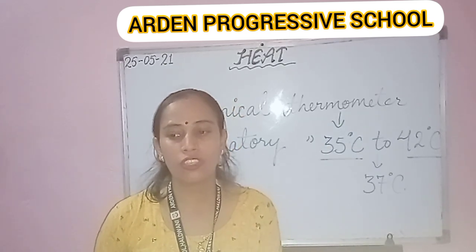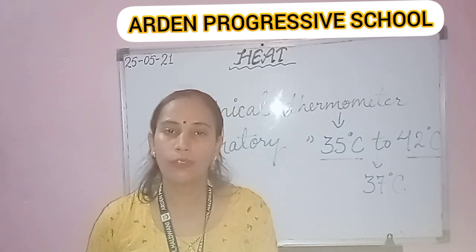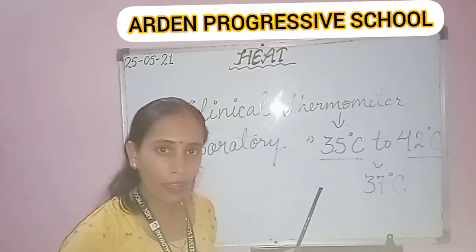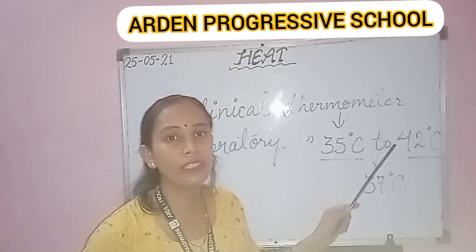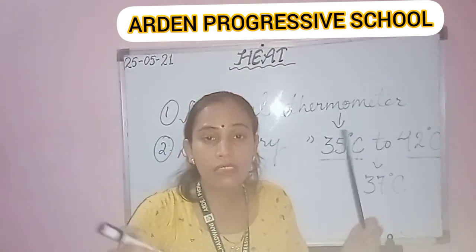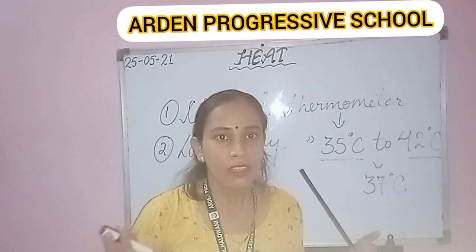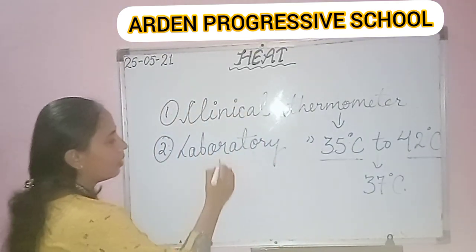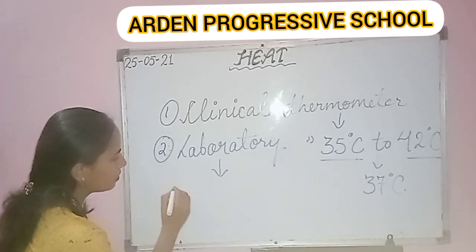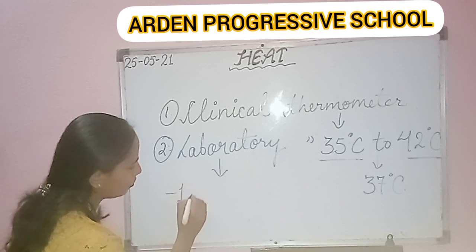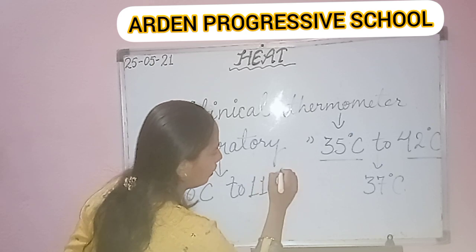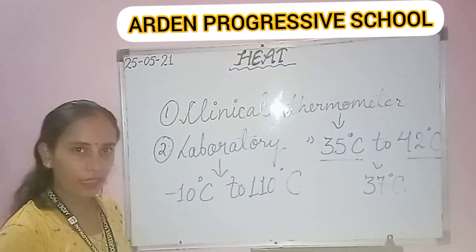When we measure the temperature of hot water or cold water, we use the laboratory thermometer. Here we can't use the clinical thermometer because when we use it to measure the temperature of other objects, it may break. The laboratory thermometer's temperature ranges from minus 10 degrees Celsius to 110 degrees Celsius. Clear students?